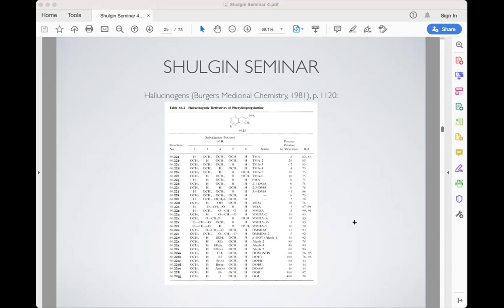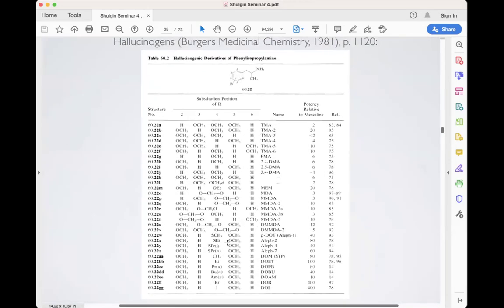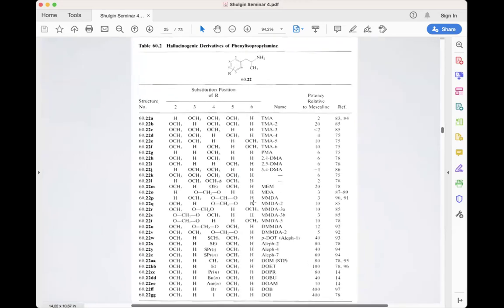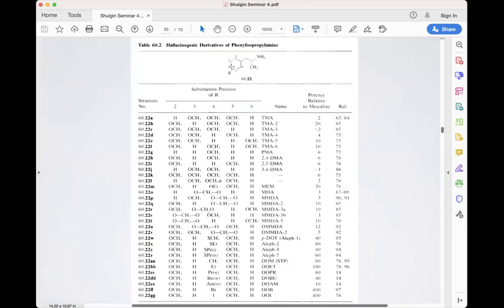Well, I think what we're seeing here in this paper is Sasha's maybe first written words where he's starting to zone in on what he ends up calling the magic 4 position, leaving intact the 2,4,5 substitution pattern, leaving the 2 and the 5 methoxy groups, and just changing the 4 position.